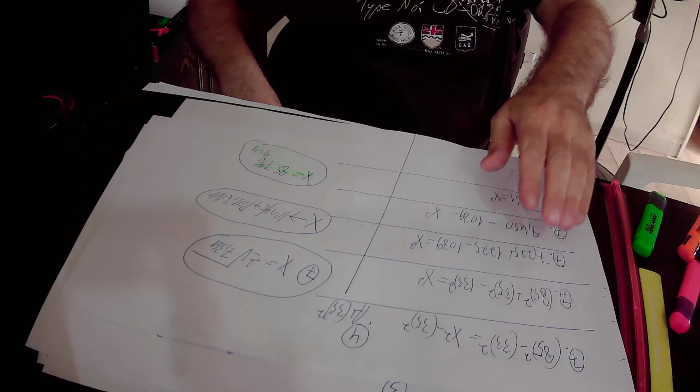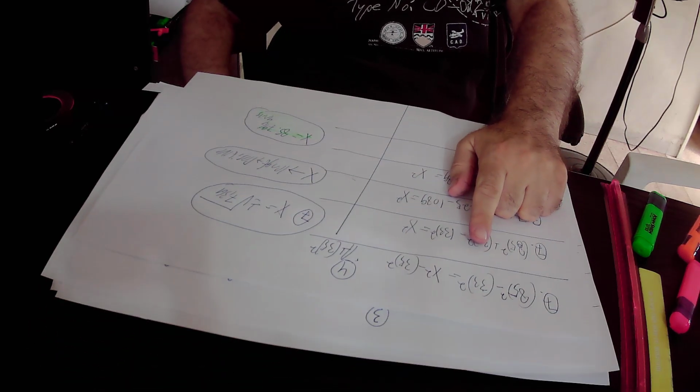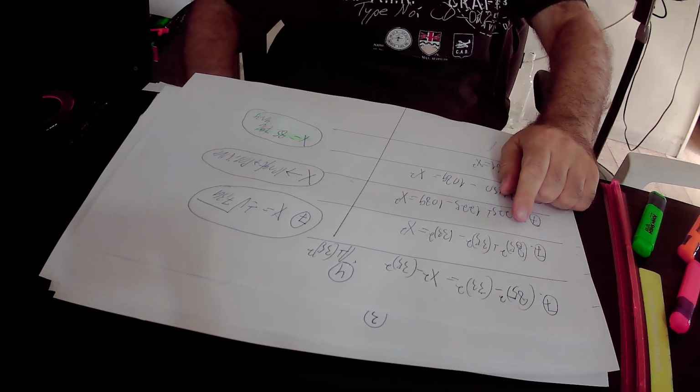So according to equation number 7, we found that 85 square minus 33 square equals x square minus 35 square.